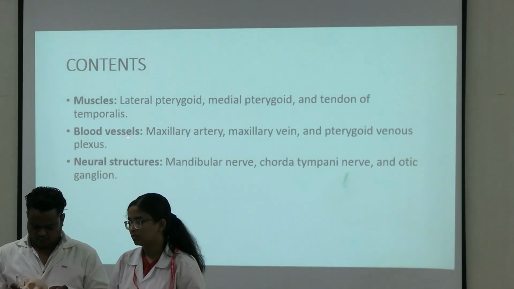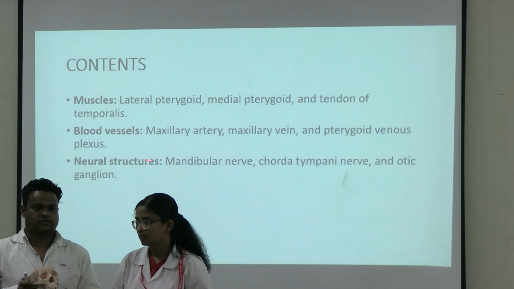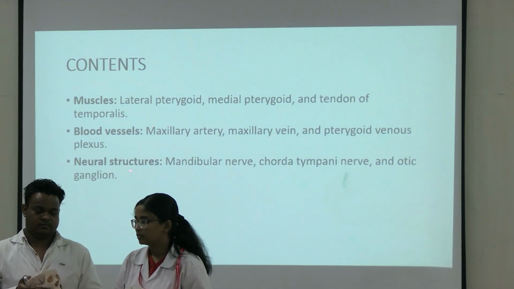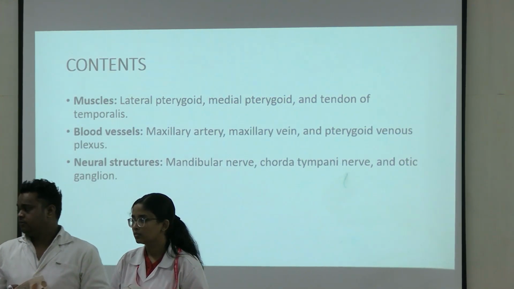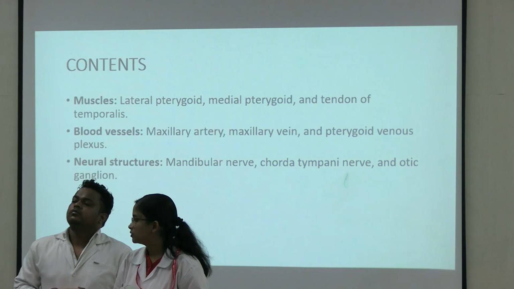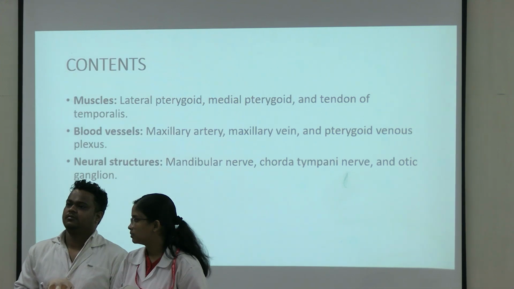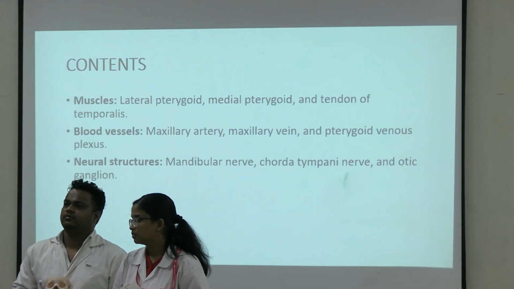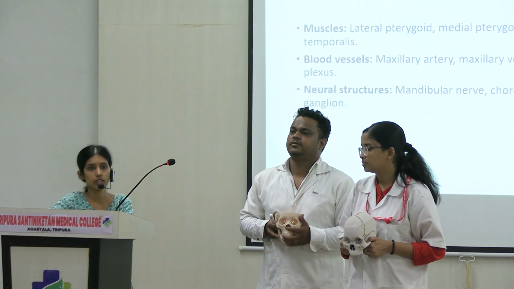Then blood vessels, we can see maxillary artery, maxillary vein, and pterygoid venous plexus. Nerves, that is mandibular nerve, chorda tympani nerve, and otic ganglion. I already mentioned in the temporal and infratemporal region chapter, maxillary artery, mandibular nerve, otic ganglion, TMJ, that is temporomandibular joint, are the important topics.